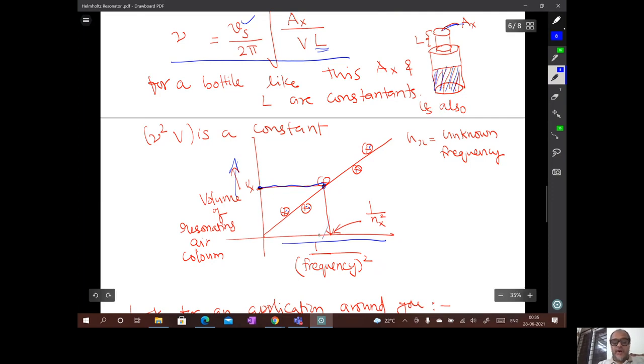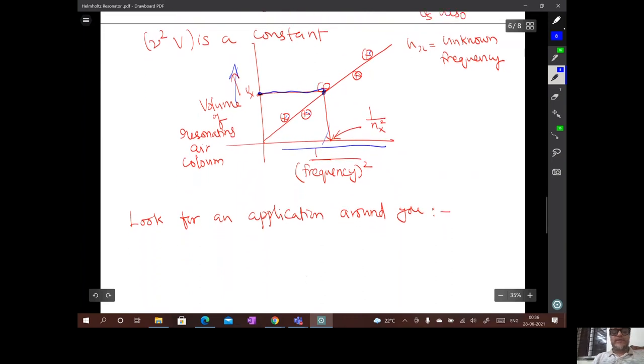Then you extrapolate down, and where it touches the x-axis, that will be 1 by nx square. So 1 by nx square you read off from this graph sheet, and you calculate what nx is, the unknown frequency. So this is what you are going to do in the lab.